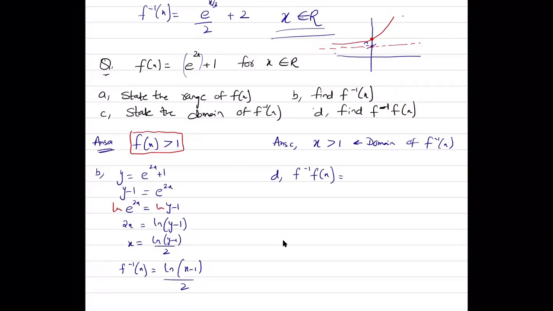The f inverse function was ln x. So in place of x, I'm going to plug in f of x. That is e to the power of 2x plus 1. Then there was minus 1 inside the function, divided by 2. So only in place of x I have plugged in f of x.